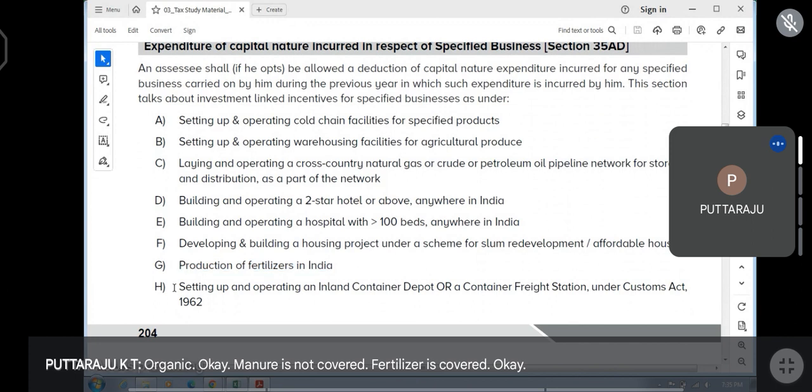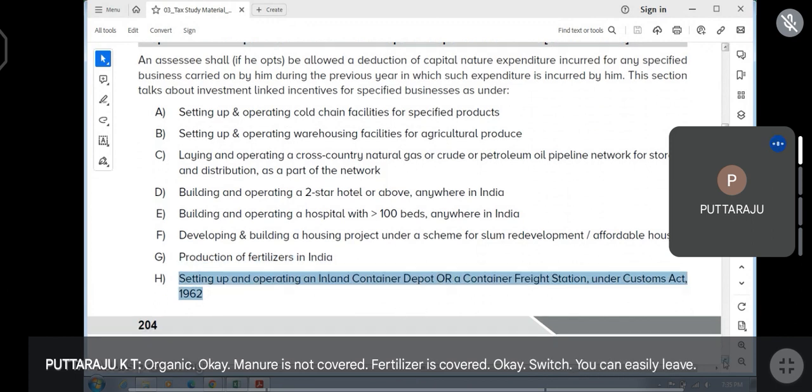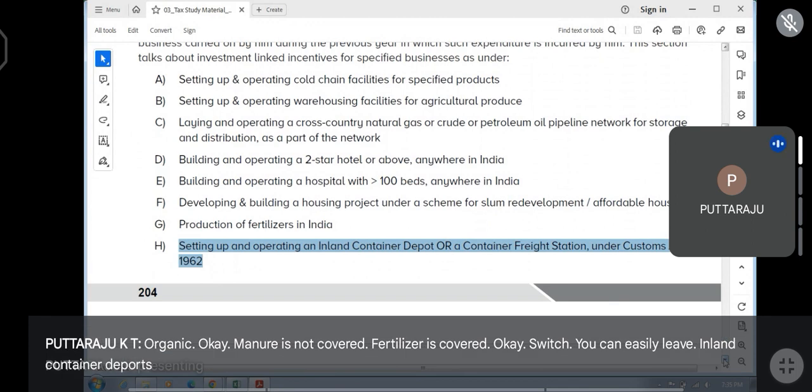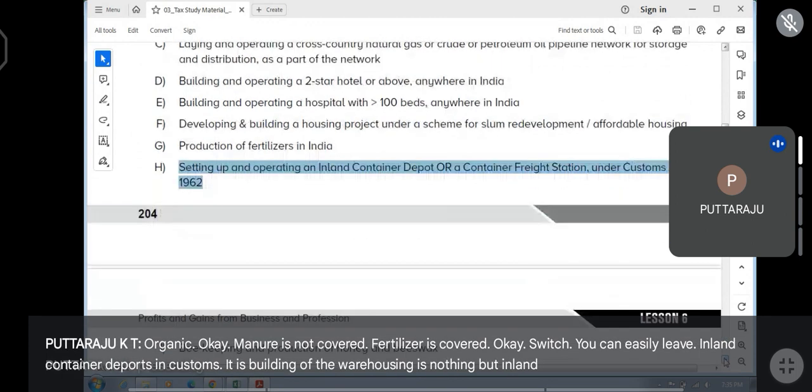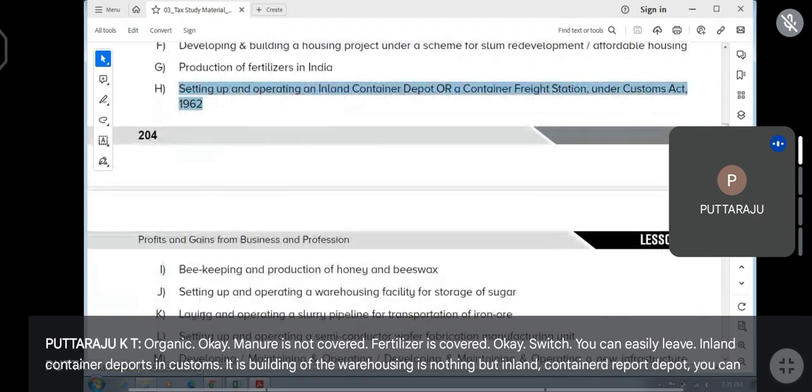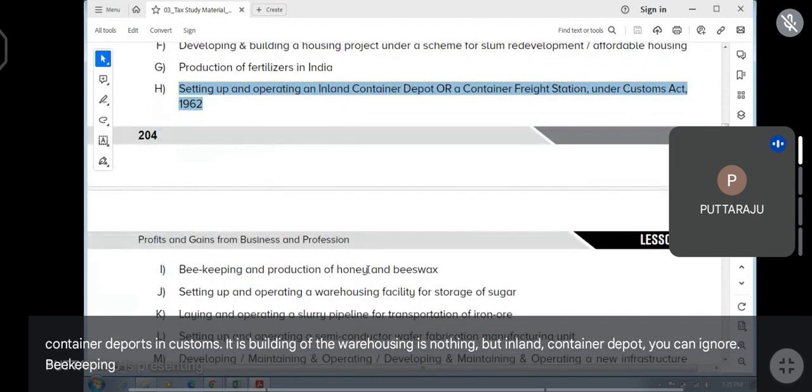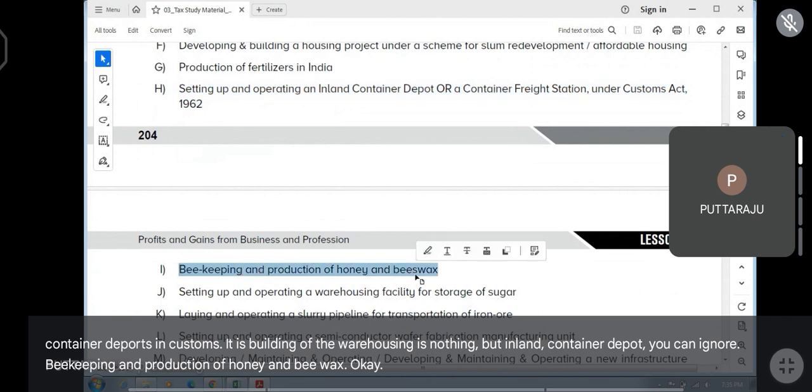H, you can easily leave. Inland container depots, in customs, building of the warehousing is nothing but inland container depot, you can ignore. Beekeeping and production of honey and bee wax. Bee wax and honey we get from bees only.